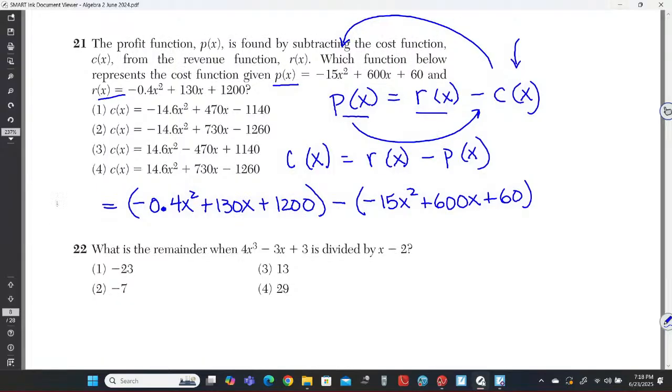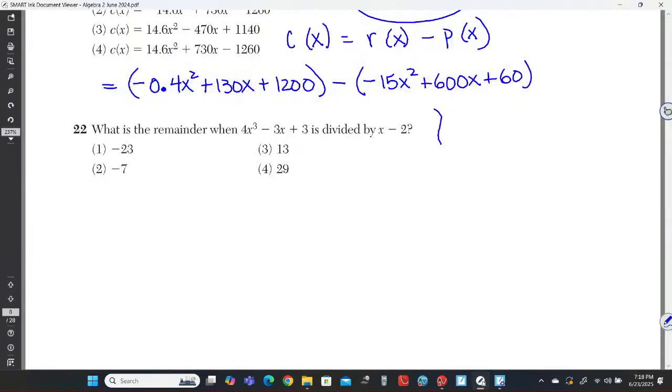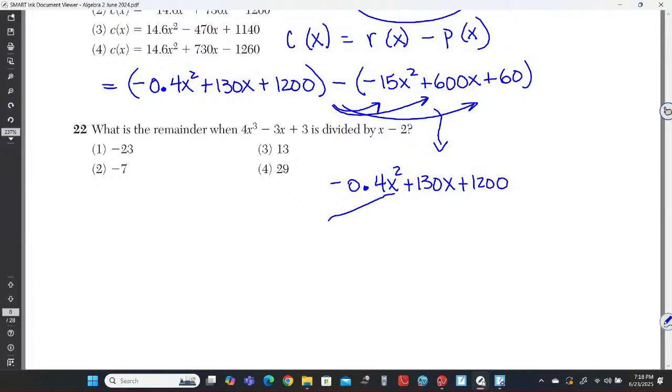And you did a lot of problems kind of like this in Algebra 1, except they weren't quite this ugly. And we just need to distribute this negative through the parentheses, right? We'll get negative 0.4x squared plus 130x plus 1200. You'd think I would have given myself a little bit more room, but I didn't.